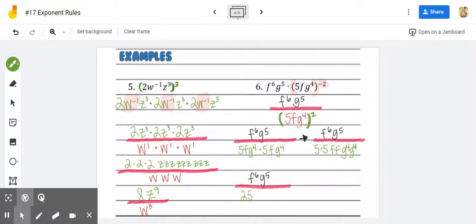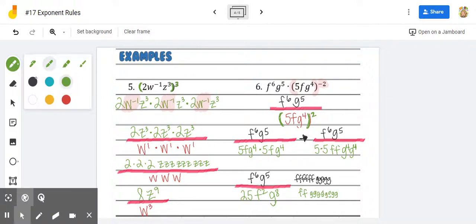On the bottom, we have 5 times 5, which is 25. There is a new power of 2 f's on the bottom. If I have 4 g's and then another 4 g's, altogether we've got 8 g's on the bottom. And now we need to figure out how many are remaining and where.